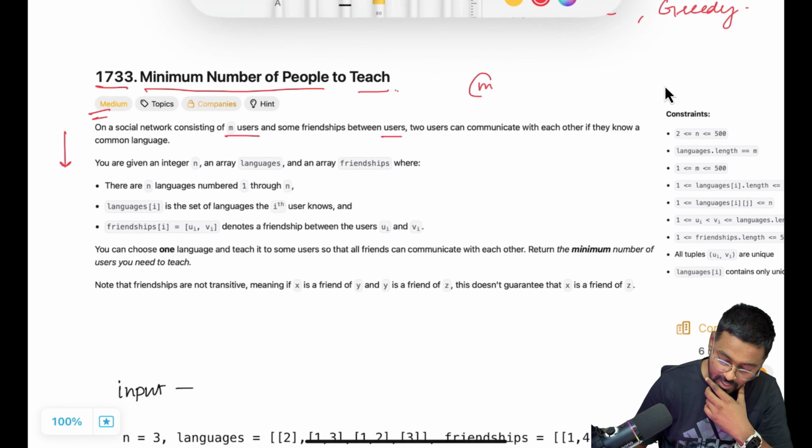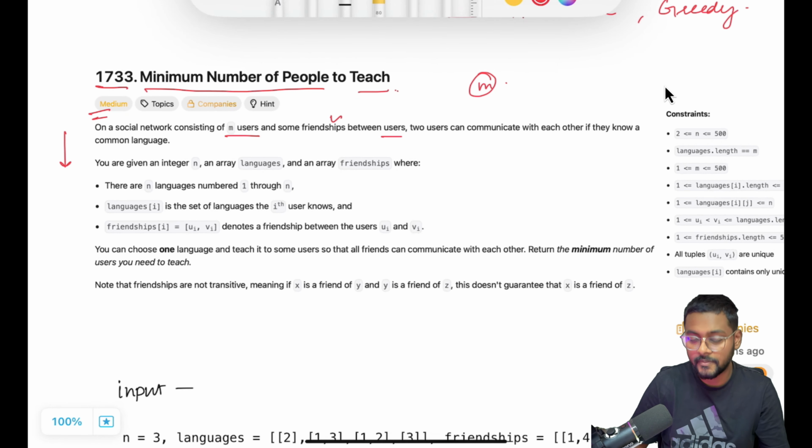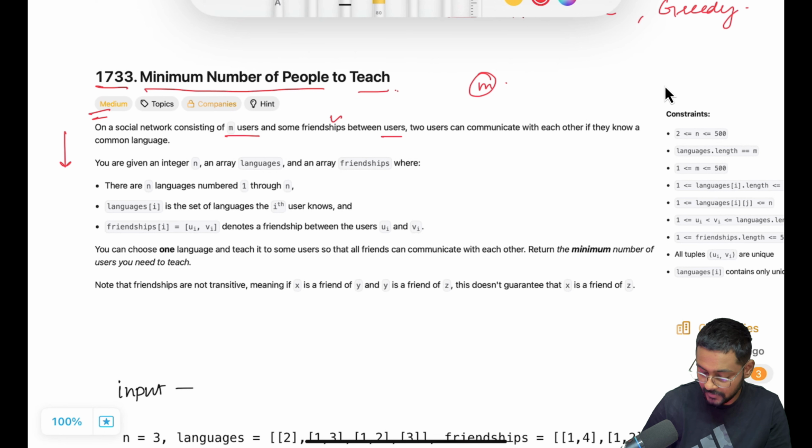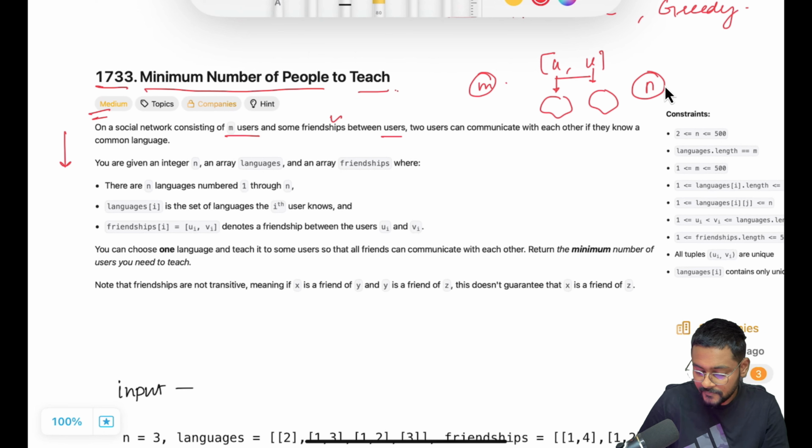So we have M users, and there are some friendships given to us. Two friends, let's say you and me, can communicate with each other if you have a set of languages, I have a set of languages, and anything is common between them. So their intersection is not empty. In that case, they can communicate with each other.